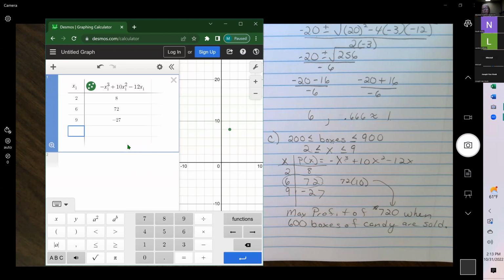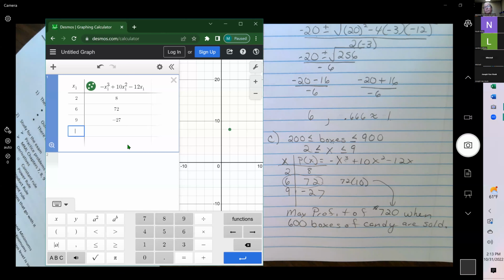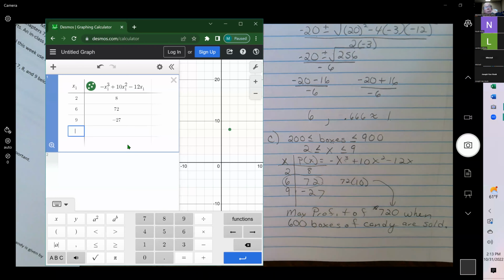So there's one similar to that on the test. Any questions on that?